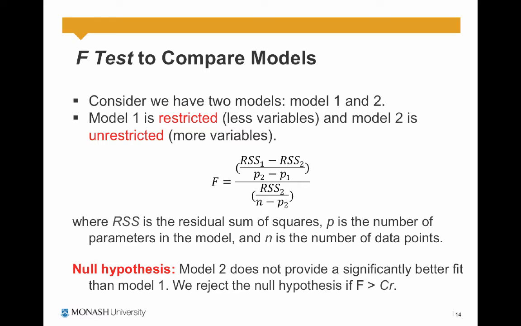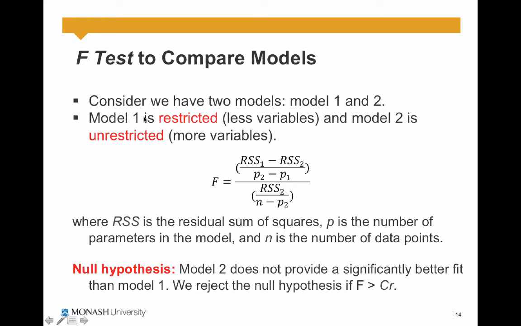So in the F-test, the null hypothesis is that model 2, or the unrestricted model, the model with more variables, does not provide a significantly better fit than model 1, or the model with fewer variables. Therefore, we reject the null hypothesis if the F value is greater than the critical value.